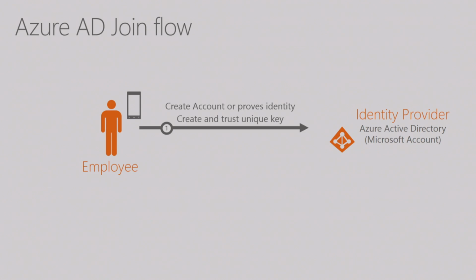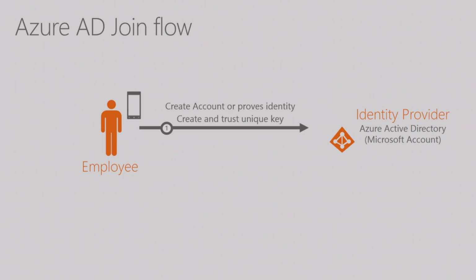Azure AD will register the device as well as the user and associate both with them. The key will be protected with a TPM. And now the device has an identity that is associated with itself as well as with that specific user, and the identity provider, aka Azure AD, knows about these, right?